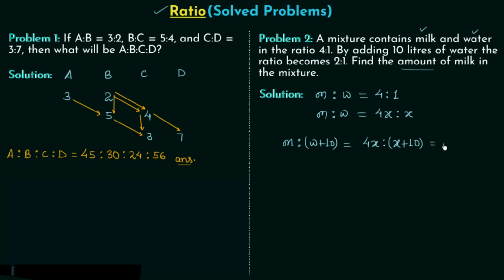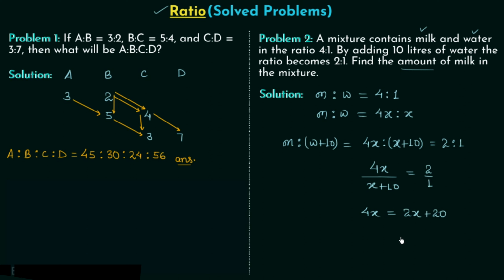So this should be equal to 2:1, and we can write it as 4x over x plus 10 equal to 2/1. We are interested in finding the value of x because once we have x, we can very easily find the amount of milk. We can do the cross multiplication and we will have 4x multiplied by 1 equal to 2 multiplied by x plus 10, giving us 2x plus 20.